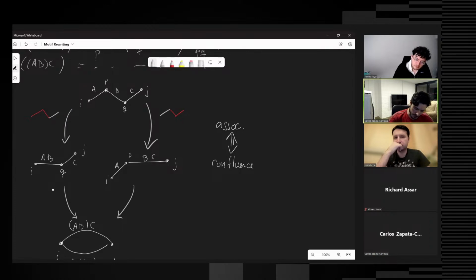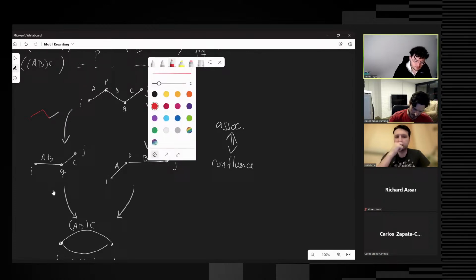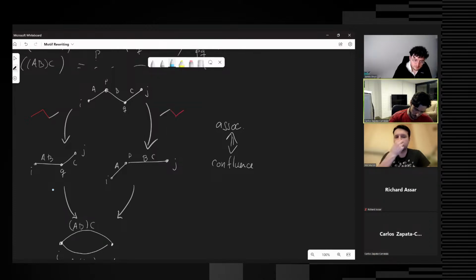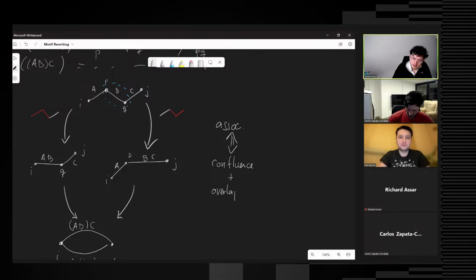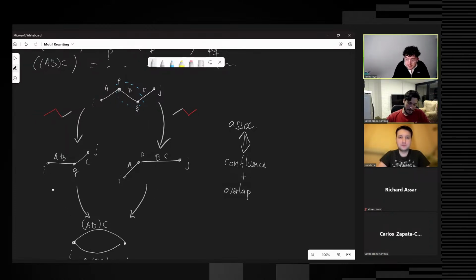I mean, it's crucial that this particular edge here, I'm going to highlight in blue, that edge over there is shared among both motifs, right? So I haven't introduced the word motif. I'm just talking about this particular shape because this is the motivating example. But that's basically the idea. The idea is that you have this pattern that had overlap, and so associativity is tantamount to confluence plus overlap. Okay. Right.